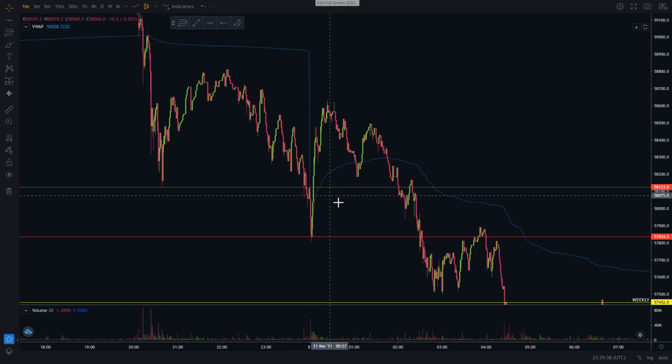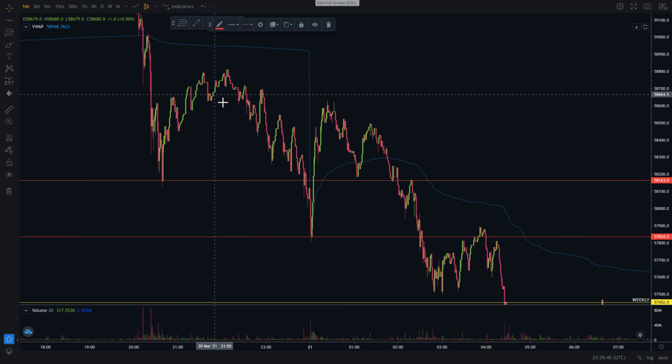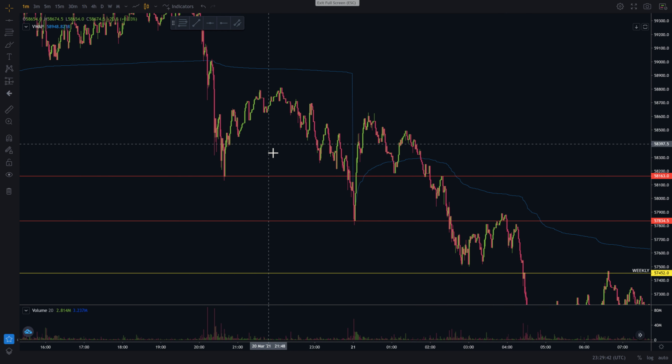I will just move it a bit up. So this was your resistance. When you fall down through the support, it's going to become resistance, but this one didn't work as resistance. Okay, so this was the swing failure pattern.